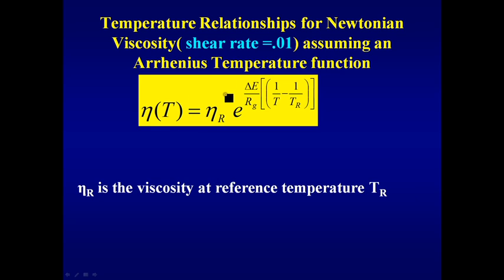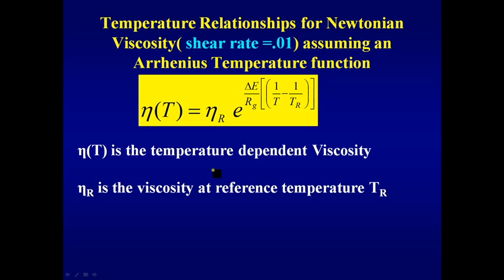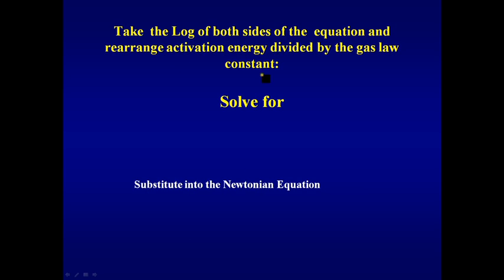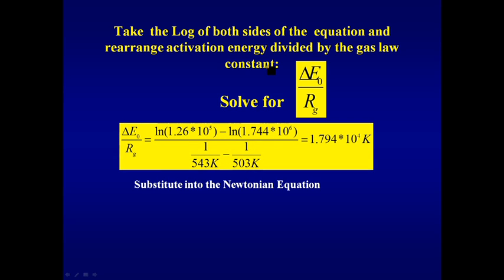So we're going to look at, for the Newtonian system, the viscosity at a reference temperature Ti, and eta T is a temperature dependent viscosity, and Rg is the ideal gas constant. When we do this, we look to solve for delta E over R, and to do that we've linearized the temperature part of the equation, and what we end up with is an activation energy of 17,940.